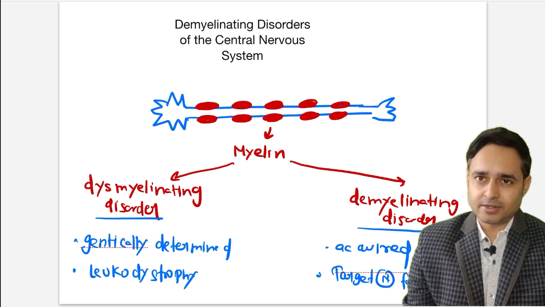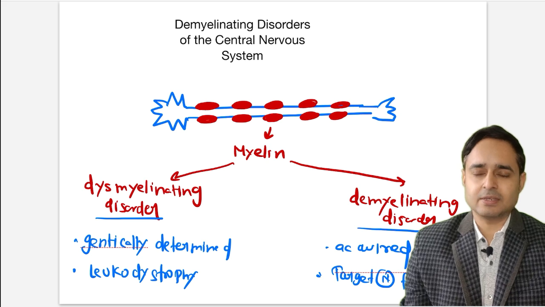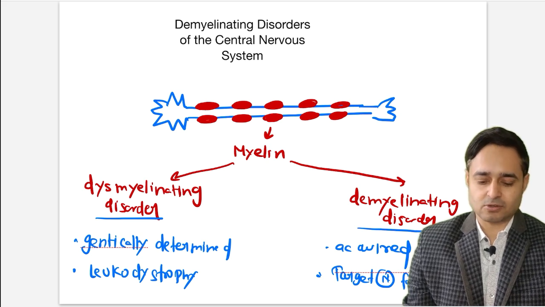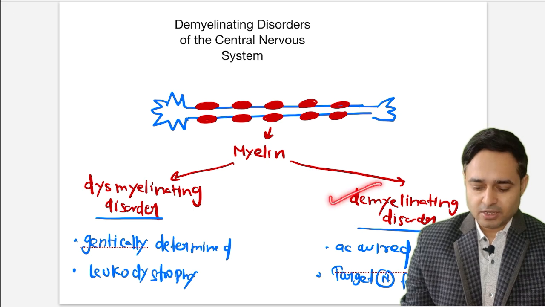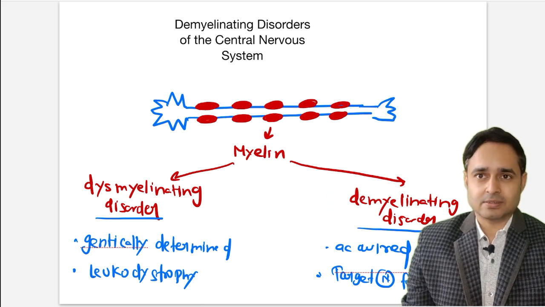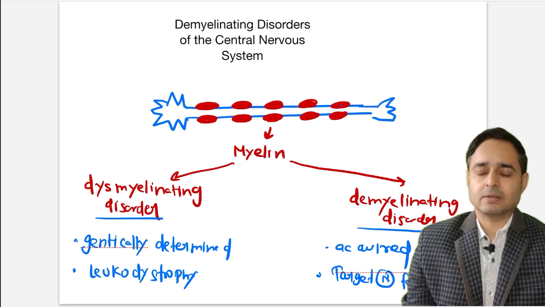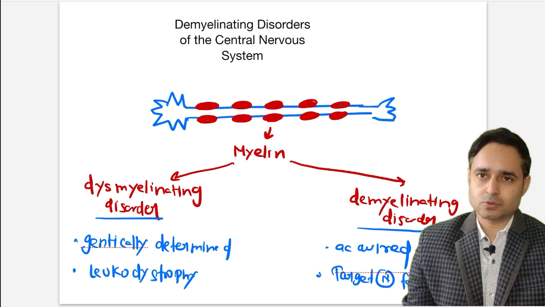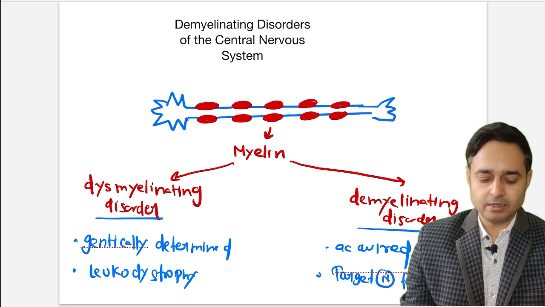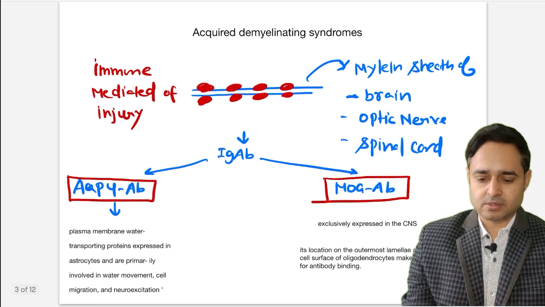It is genetically determined, and leukodystrophy is one of the many examples of dysmyelinating disorder. Next is demyelinating disorder. This is acquired, and in this disorder the disease targets normally formed white matter. So by now you are clear: dysmyelinating and demyelinating disorders are two different terms.